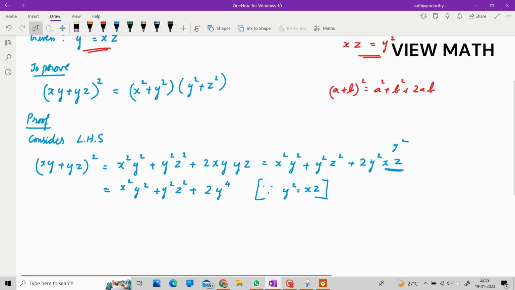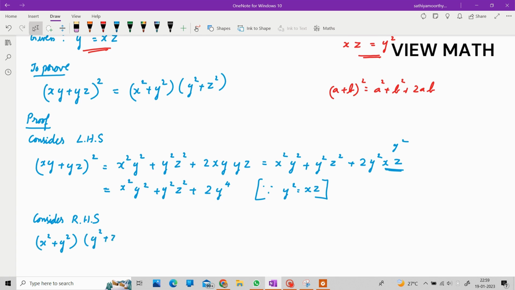Now I'm going to consider the right hand side, to prove that left hand side is equal to right hand side. So consider the right hand side: x square plus y square into y square plus z square.